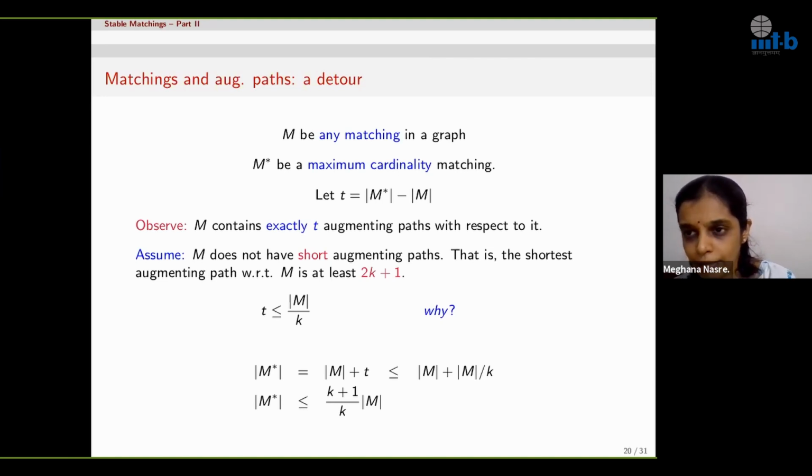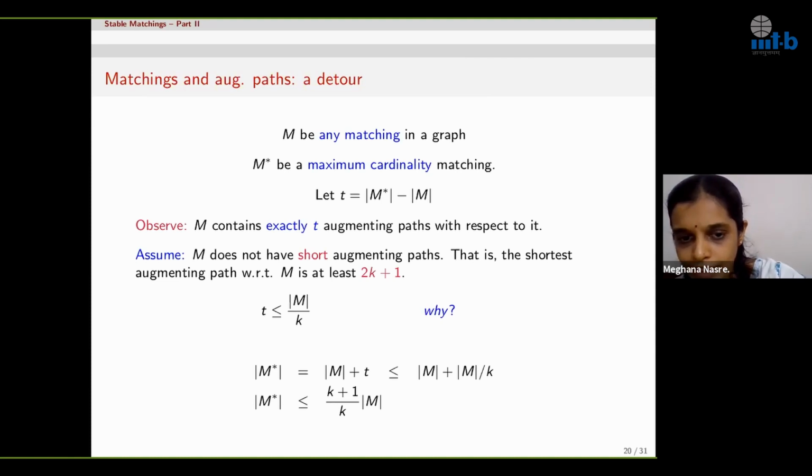So just to recap, what this tells us at a high level is that as you take away the matching and rob it of short augmenting paths, it is going to be a closer and closer approximation to the maximum cardinality matching. If you put k equal to 1, you will get a maximal matching.